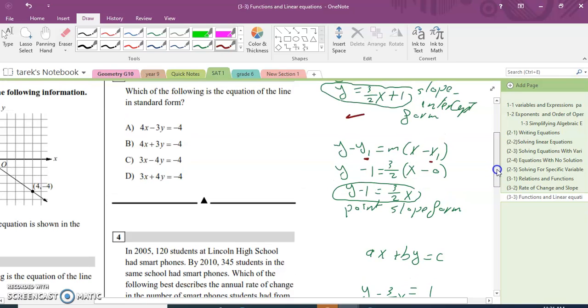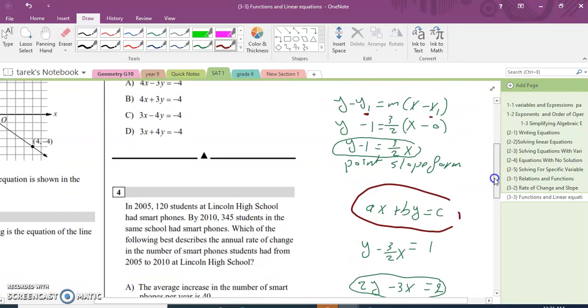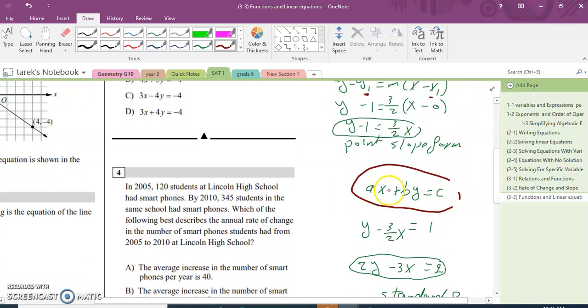There is another form which is called the standard form, which is ax plus by equals c. How can you get it? You can get it from the point-slope form or the slope-intercept form. Just simplify and keep the x and y on the left side and the number on the right side. Example, y minus 1 equals 3 over 2 x.